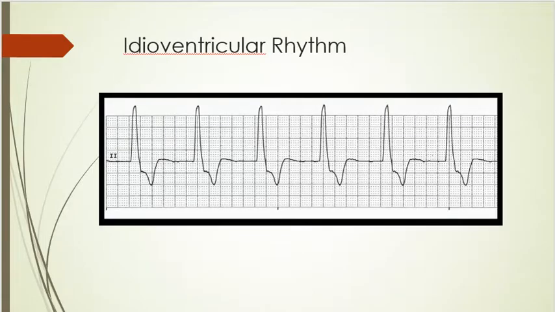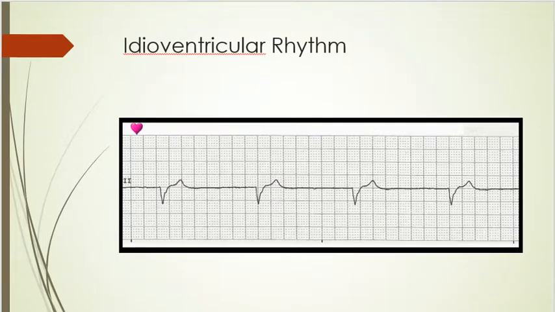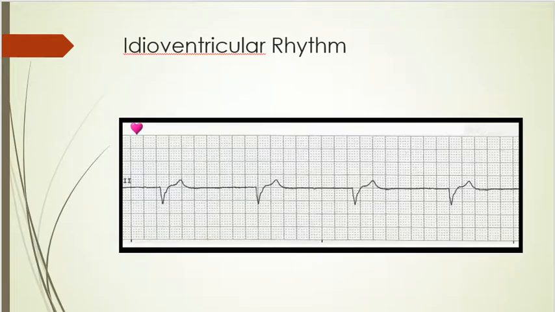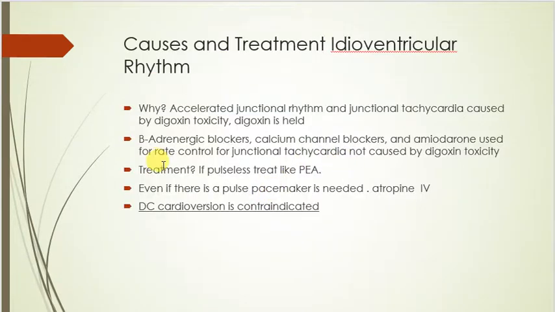But some people will just be fine and be stable with an idioventricular rhythm. But if they have symptoms, then you're absolutely going to have to treat it. If they're awake and alert but have symptoms, you're looking at possibly giving them some atropine and planning a pacemaker.